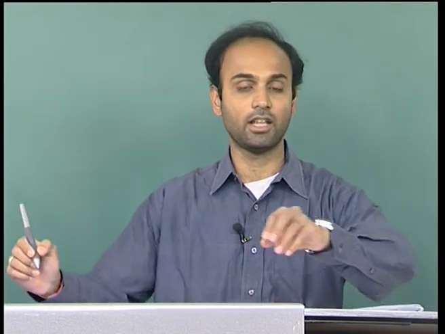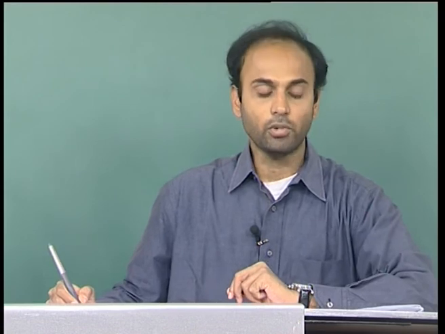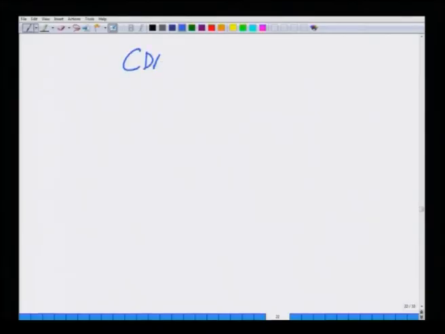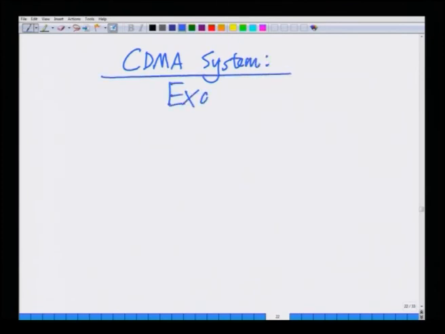Throughout this discussion of CDMA, I have not done any example. So, let me do a simple example to illustrate a simple CDMA system. Let me consider a CDMA system with spreading sequences of length 256.